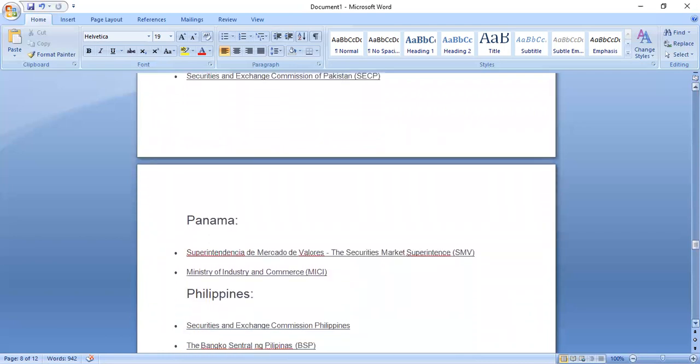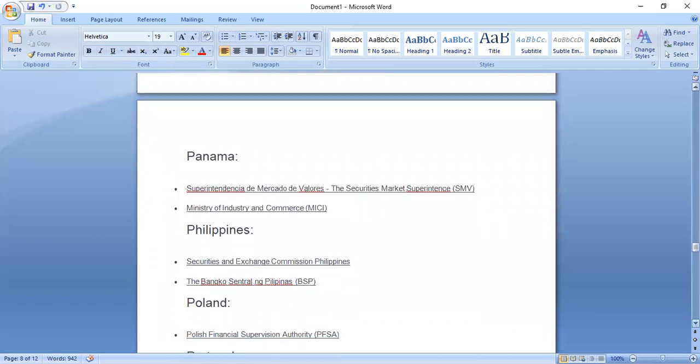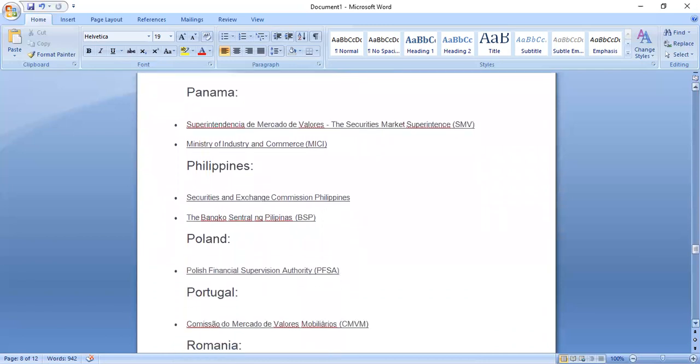And then in Panama, we have two institutions, which is the Superintendencia del Mercado de Valores, the Securities Market Superintendence, SMV of Panama, and the Ministry of Commerce and Industries, MICI from Panama. Those are the two institutions.